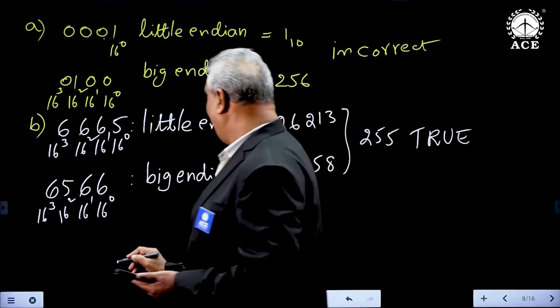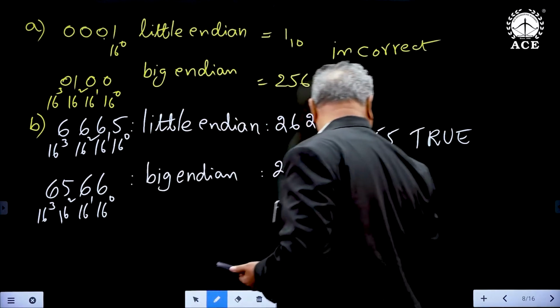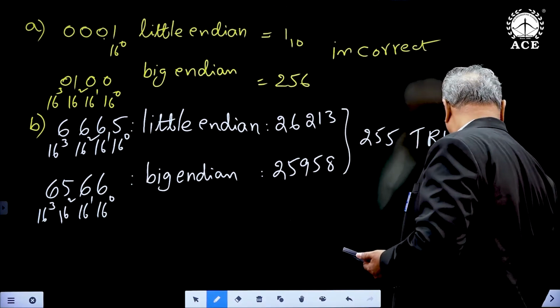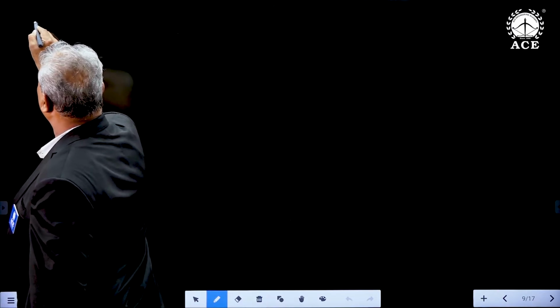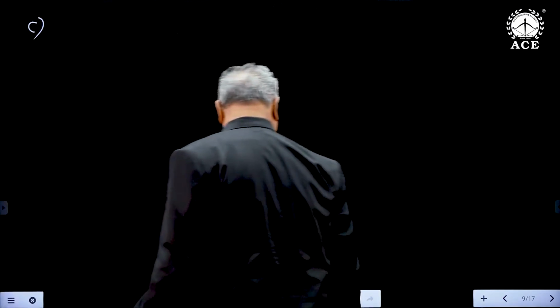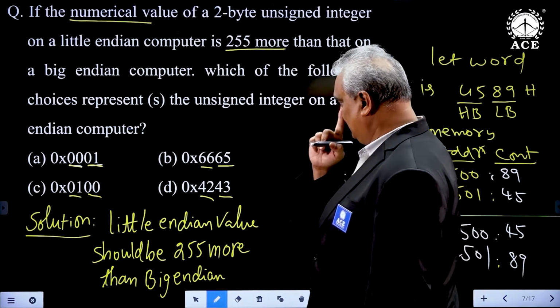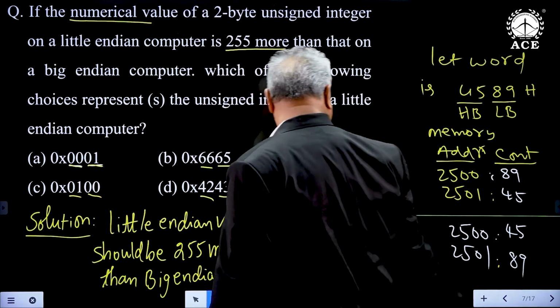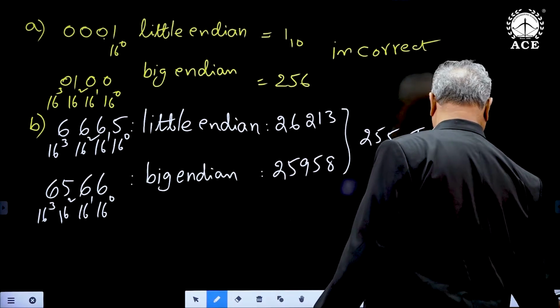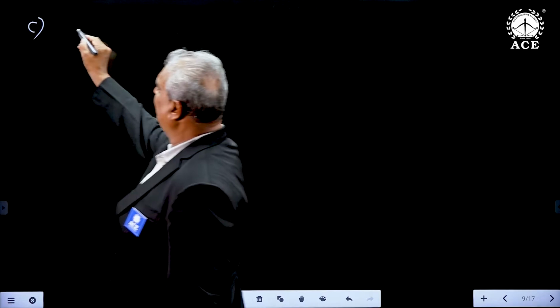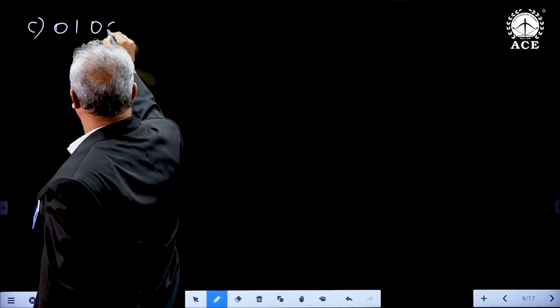Next, what about option C? Go for the next page. Option C. Observe this one: 0100.